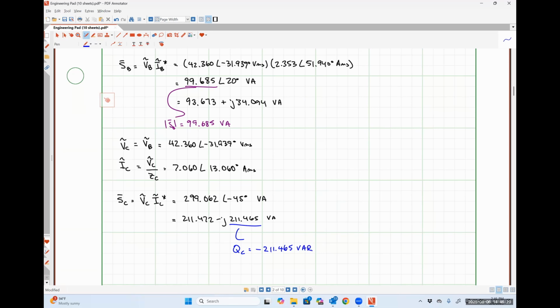Actually, volt amperes reactive, since we're talking about reactive power specifically. What do you think it means that our reactive power here is negative?